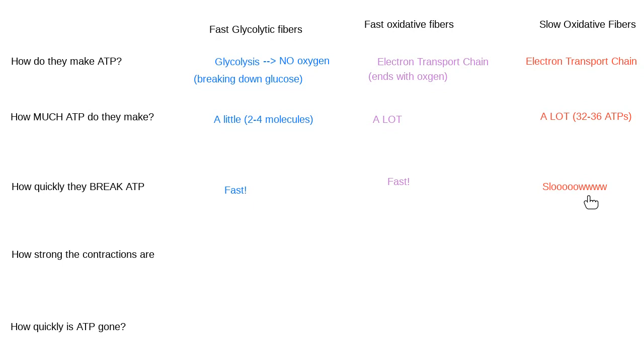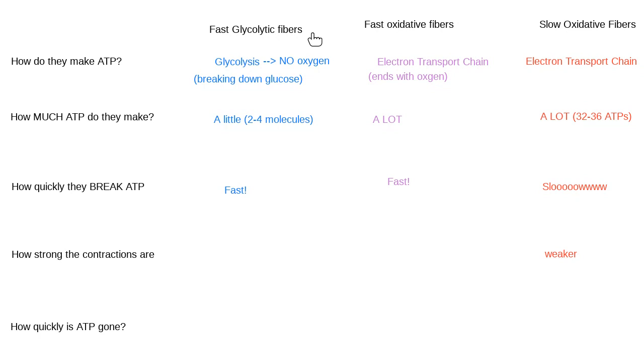If I chop up my ATP slowly, my muscle contraction is going to be weaker. My muscle contraction is going to be weaker because I chop up my ATP more slowly. Now, we have two types of fibers that we said chop up their ATP fast.